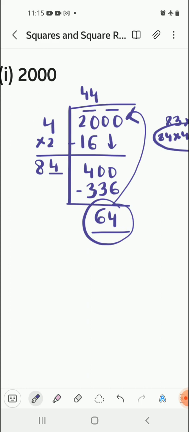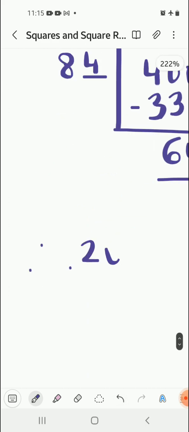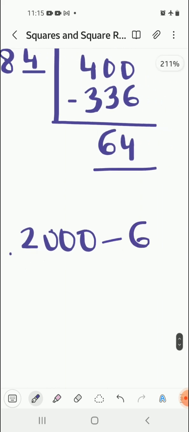This is the number that has to be subtracted from the given number, 2000, and the number we get will be a perfect square, the square of 44. Therefore, we write 2000 minus the remainder, 64.